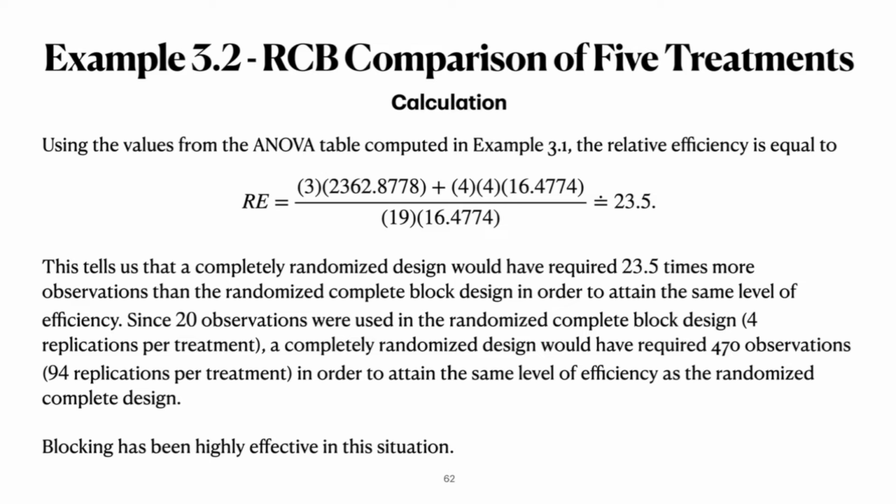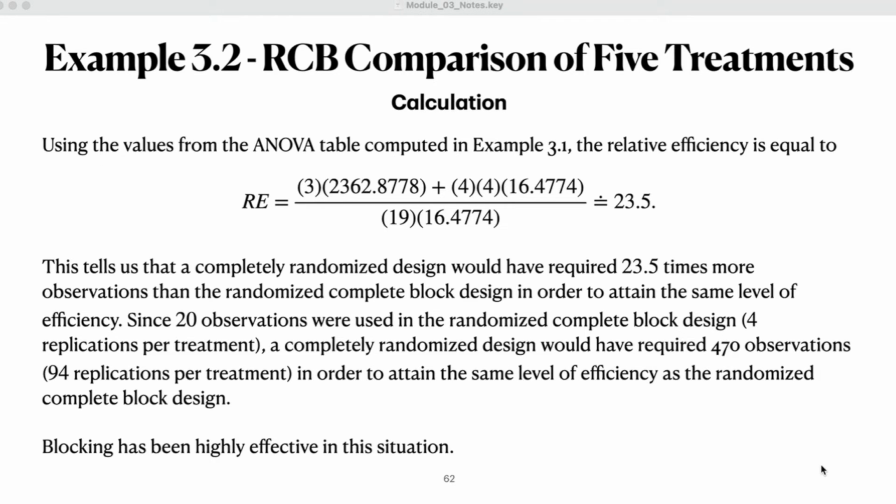In other words, 94 replications per treatment in order to attain the same level of efficiency as that which was obtained by the randomized complete block design. And so this shows us that blocking for this particular experiment has been highly effective.